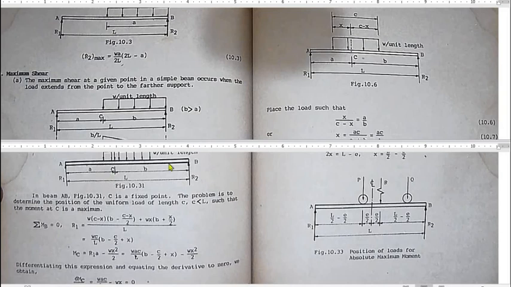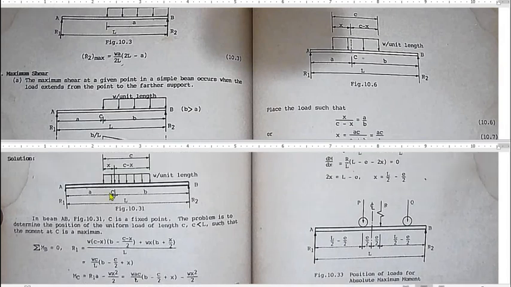summation moment at B is equal to 0. The reaction 1 is equal to this quantity. So, eto, summation moment at B is equal to 0. Take note na yung R1 times L. Ito yun, no?